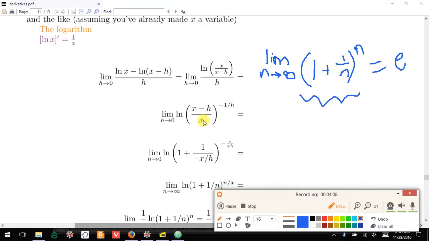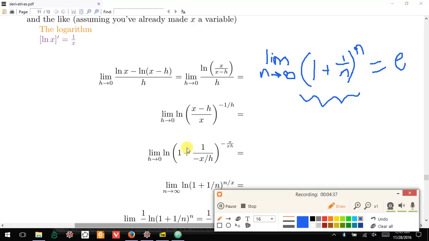And also, hey, why not use that extra logarithm rule that says that if you multiply the logarithm by anything, you can just move it into the exponent. That is a high school logarithm law, and I regard dividing by h as the same thing as multiplying by 1 over h, so that's why I get to move 1 over h into the exponent. And again, it's negative because I'm flipping it upside down.